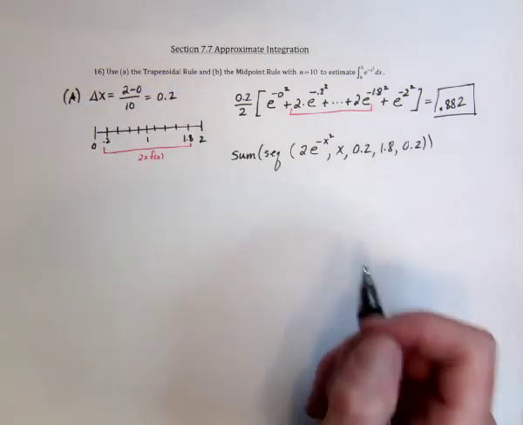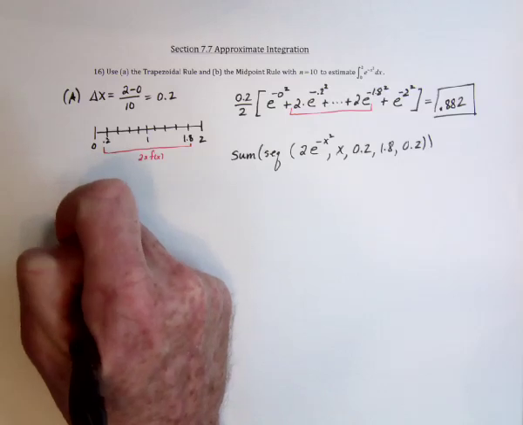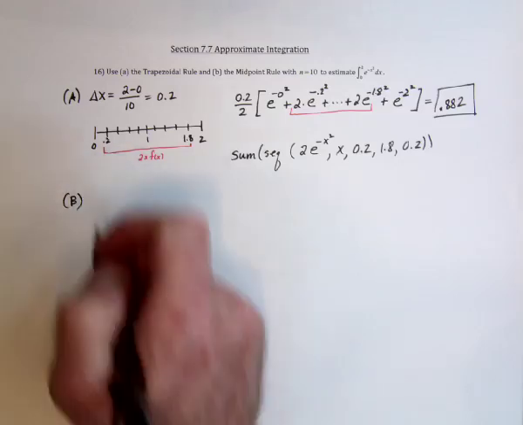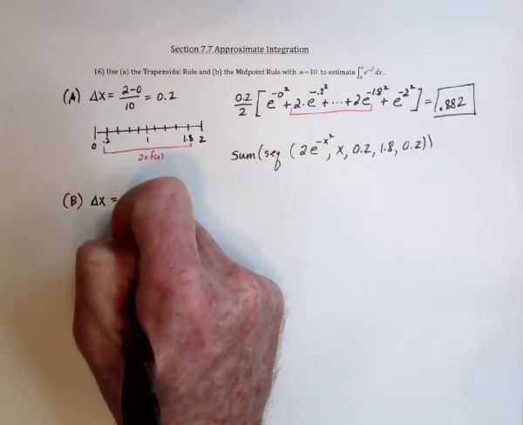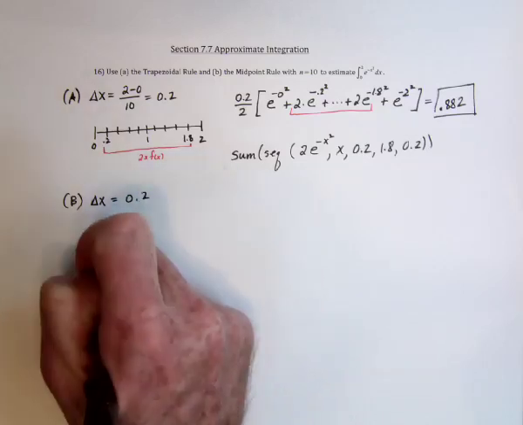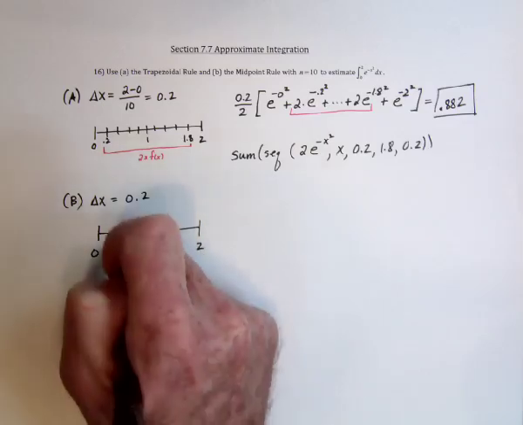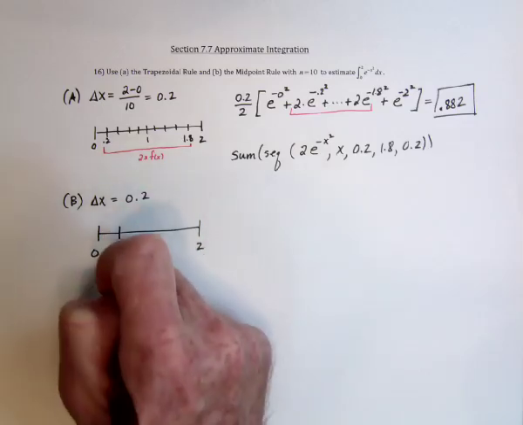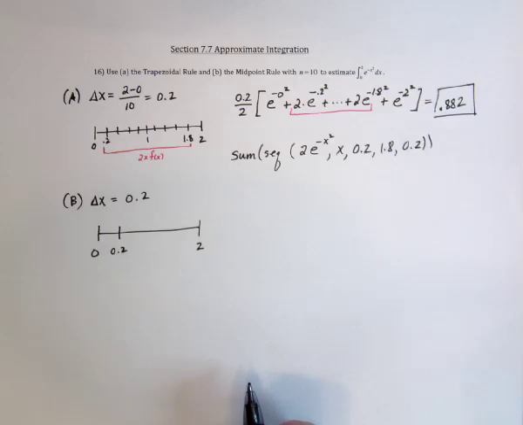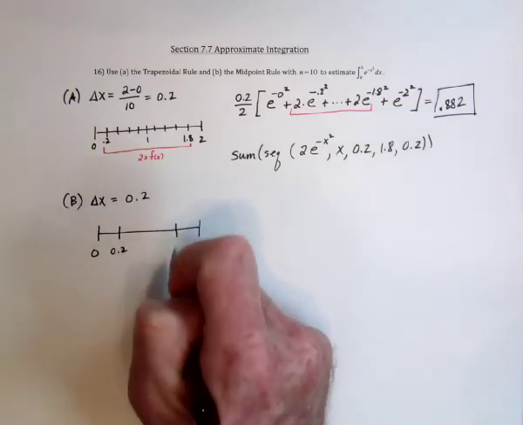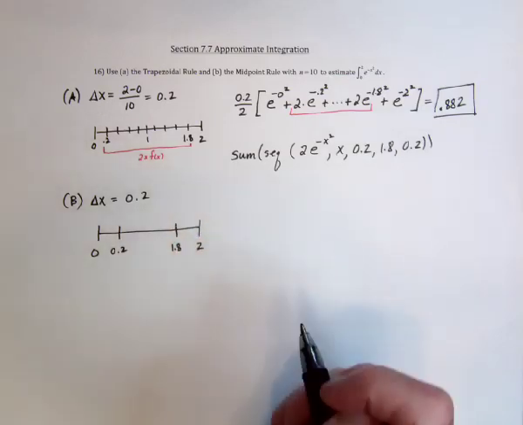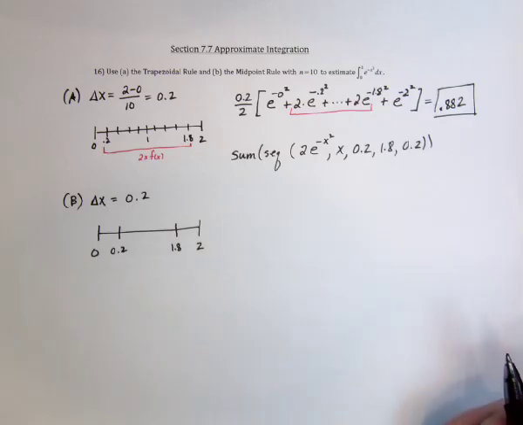Part B, the midpoint rule. The work is almost the same. You start with delta x, which is still 0.2. You would look at the interval from 0 to 2 and say, the first interval is going to go from 0 to 0.2. The last interval is going to go from 1.8 to 2.0.